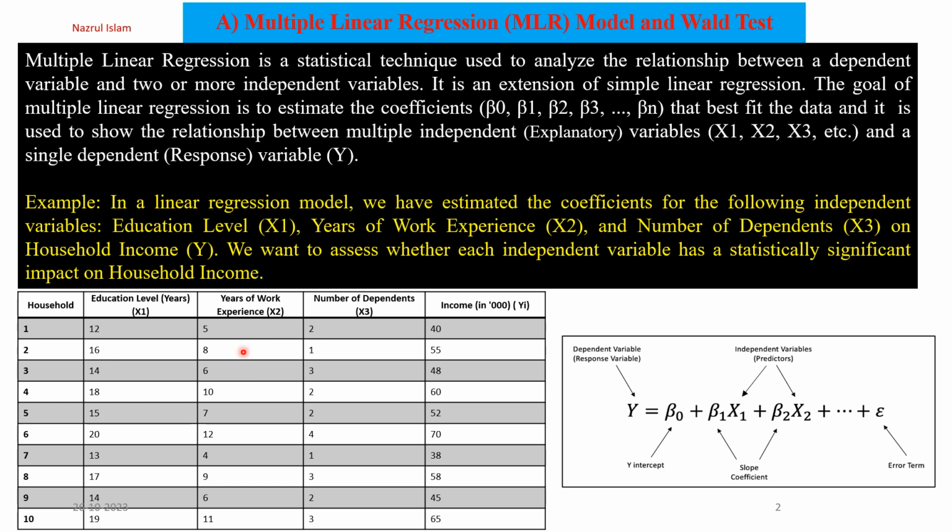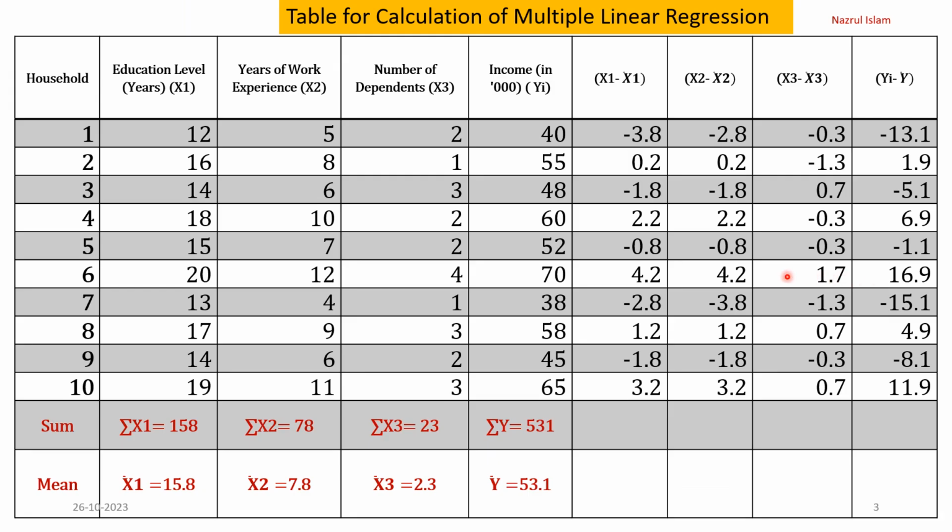This is the database we will discuss later. So this is the tabulation. We have taken three independent variables x1, x2, x3 and one dependent variable, that is income in 1000 rupees.